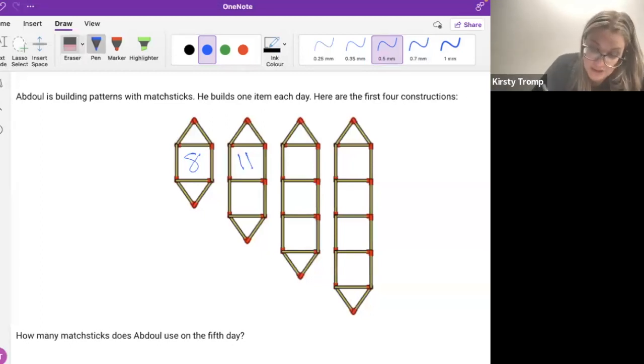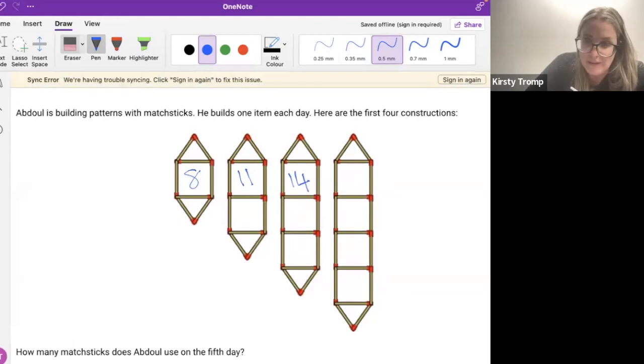In my next drawing, he's using 14 matchsticks. Am I starting to see a pattern? Yes, I am. What am I doing each time, everybody? Let's double check: 1, 2, 3, 4, 5, 6, 7, 8, 9, 10, 11, 12, 13, 14, 15, 16, 17.